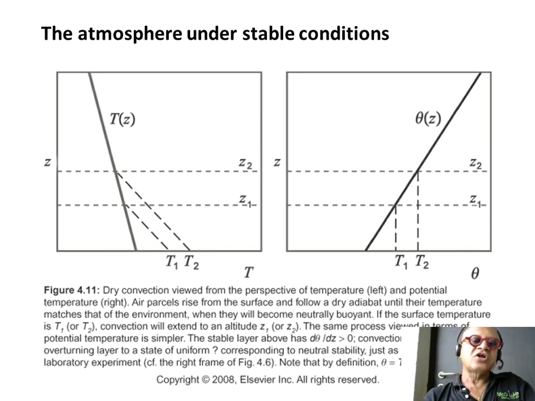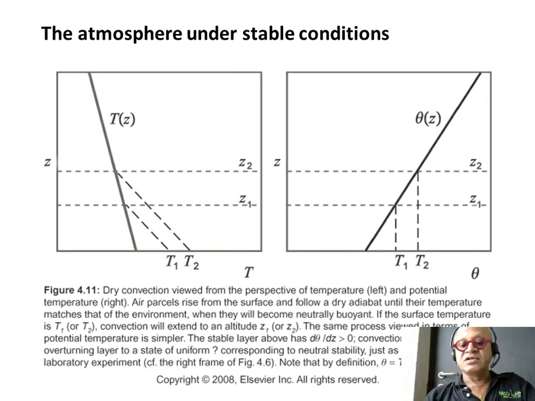Right here it's harder because we have to move along a slope, right? Whereas if we look in the theta framework, convection is going to look like you are going to move vertically. So you're starting with T1 but theta 1, T2 but theta 2, so you're going to move to theta 1 and theta 2, move up to your stable position.